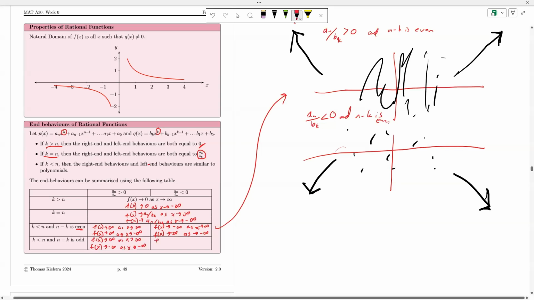Here, if it's less than 0, then the right end behavior is that f of x approaches minus infinity as x approaches infinity. And the left end behavior will be the opposite, so it'll approach infinity as x approaches minus infinity.